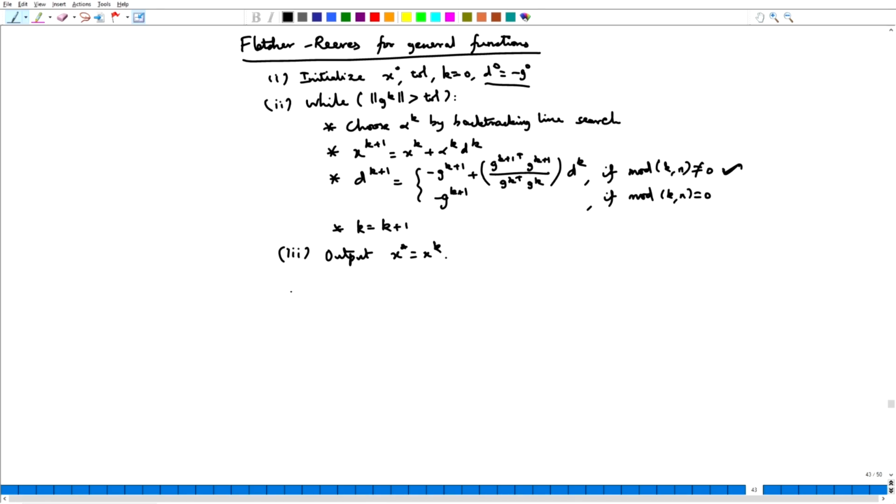We will consider f of x1, x2 equals x1 squared e power x2 plus x2 squared e power x1. Okay. So, we will use this function and just implement this algorithm just to show you how it is implemented.